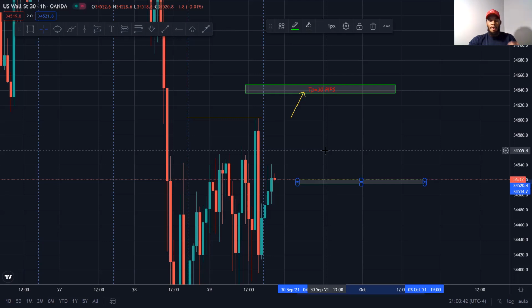So 30 TP always hits in US 30 when it breaks out from the previous day's highs or previous day's lows. Now, you can look at this chart and backtest all you want, and go through my 2 videos about the 30 for 30 strategy, or you can contact me on Instagram at chico.jackson and DM me for private mentorship.